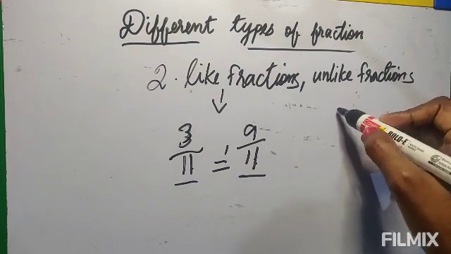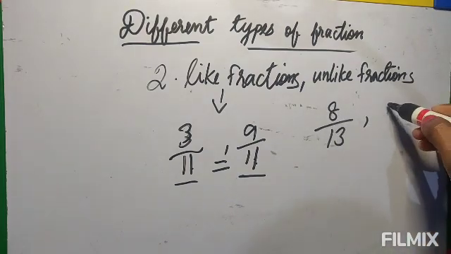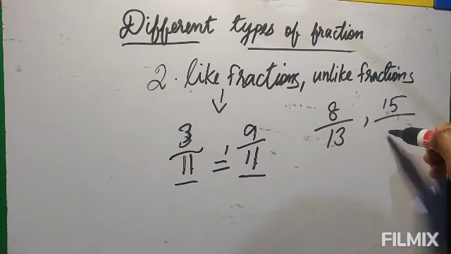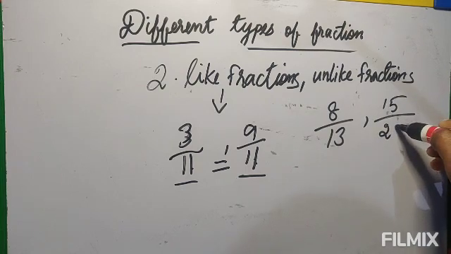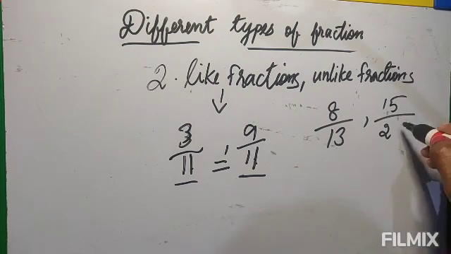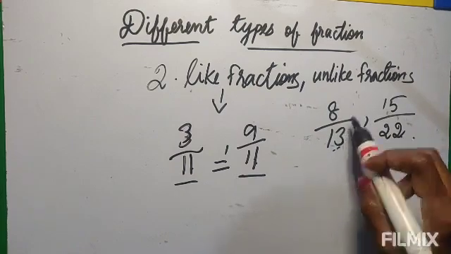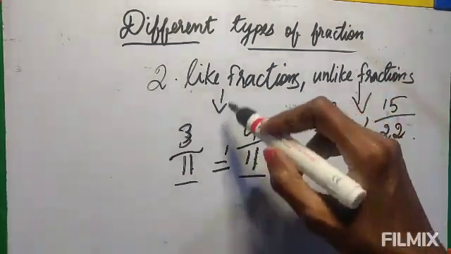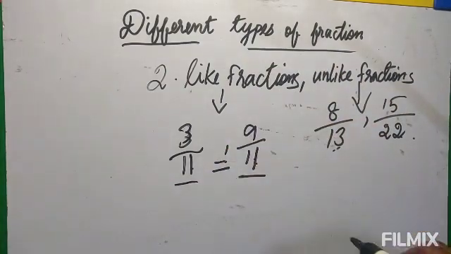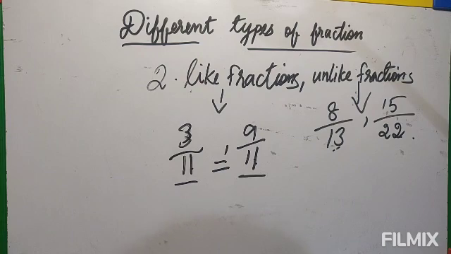Now suppose 8 by 13 and 15 by 22. In this case the denominators are different, so they are called unlike fractions. If the denominator is the same, they are like fractions. If the denominator is different, they are unlike fractions.